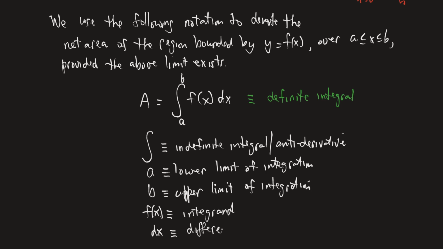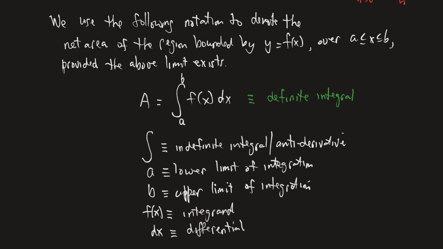Right, and again, some of these terms are familiar from earlier in your study of calculus, and some may be new if you've not seen a definite integral before. But this, again, is an important thing.